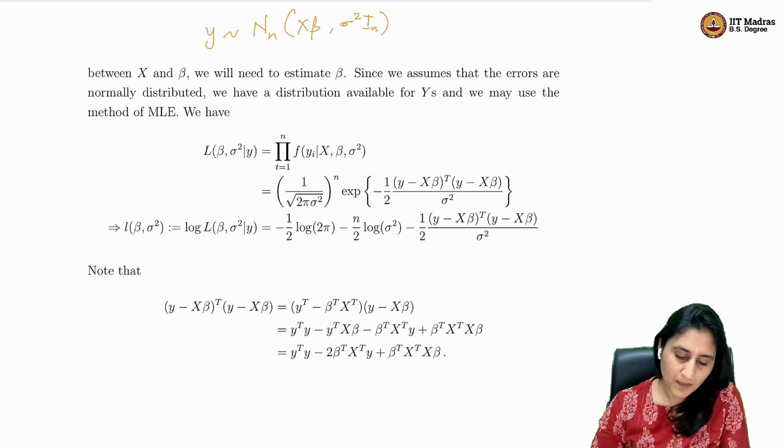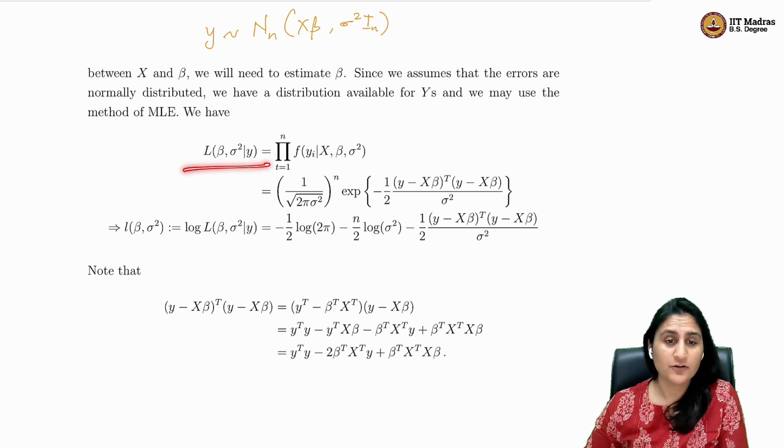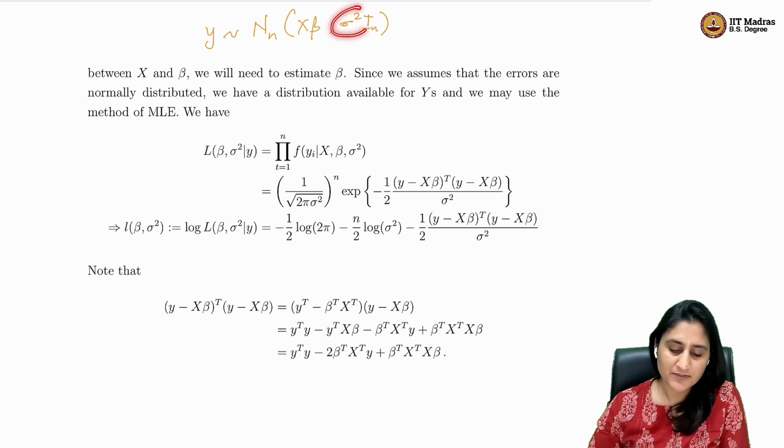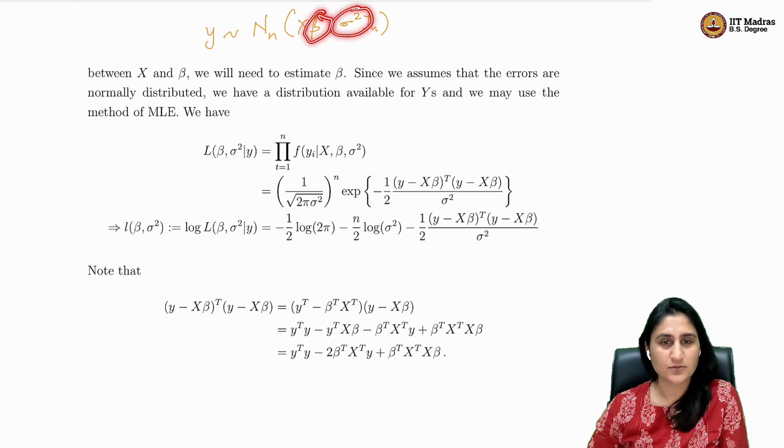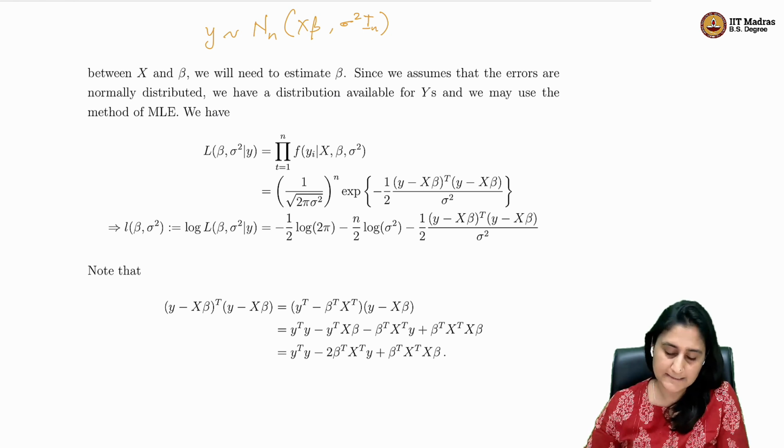So now my likelihood is a function of beta and also sigma squared. Sigma squared is unknown here as much as beta is unknown. So we'd want to estimate both of those things.